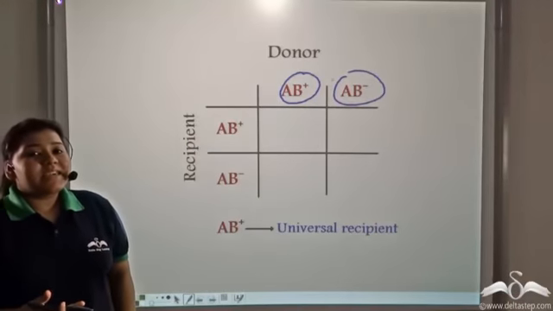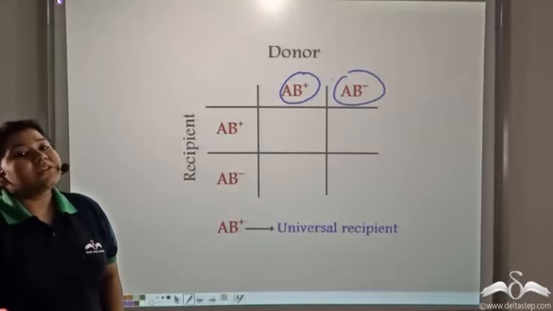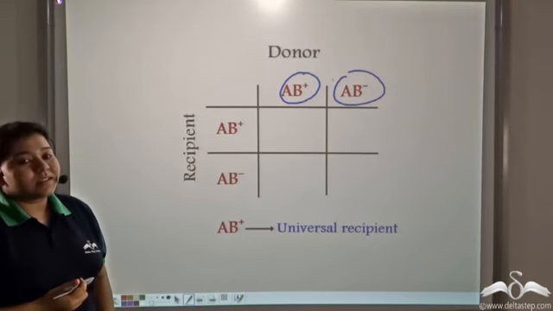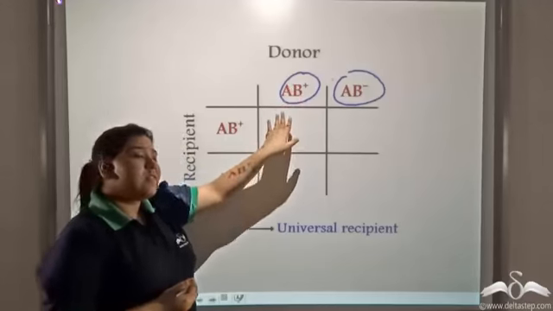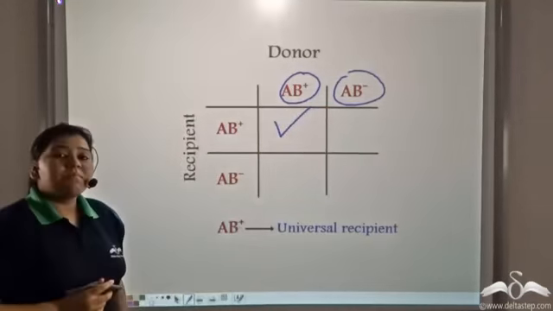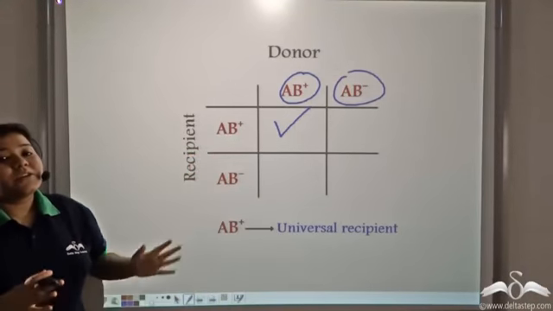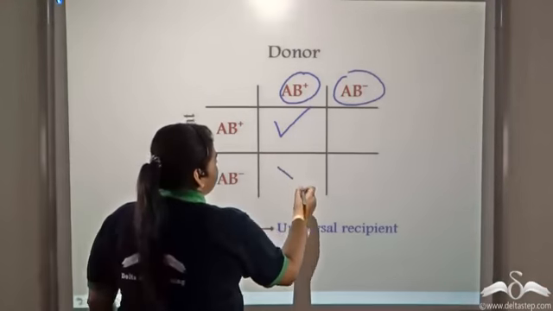So now let us see what happens if a donor with AB blood type donates blood to another person carrying the same blood type. Well, if a donor is AB positive, he can donate his blood to another person with blood AB positive, but he cannot donate blood to another person having the blood group AB negative.